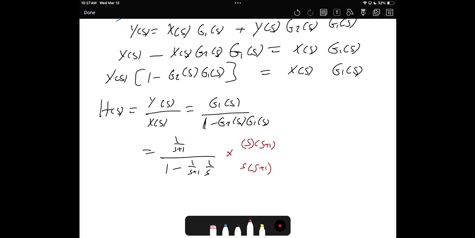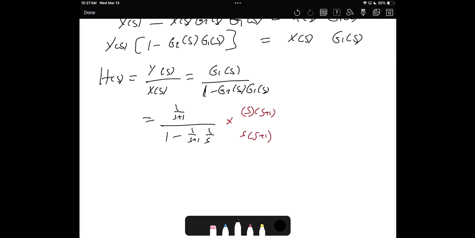That's what we do. Then basically, it will be converted to s times s plus 1 divided by s times s plus 1 minus 1. Then let's simplify more. It will be s squared plus 1 over s squared plus s minus 1.